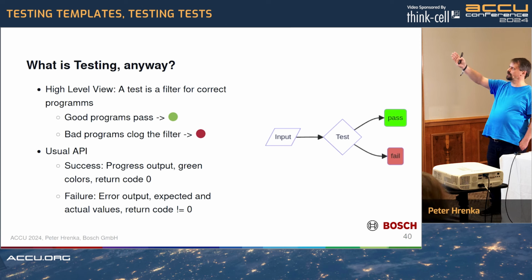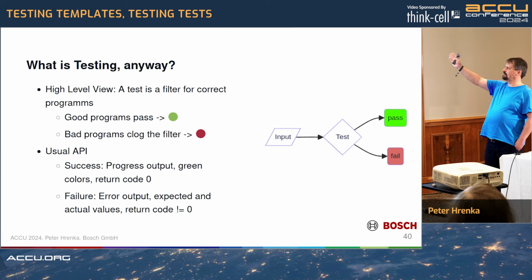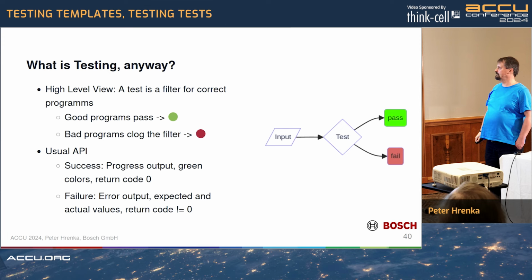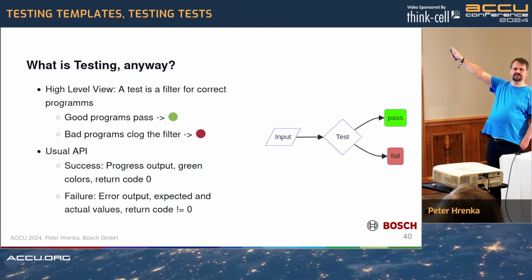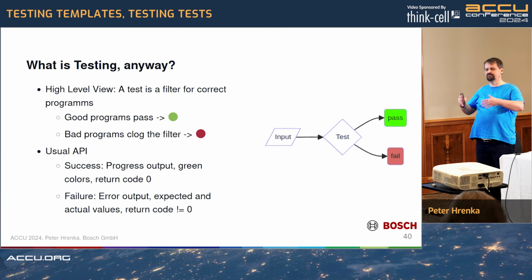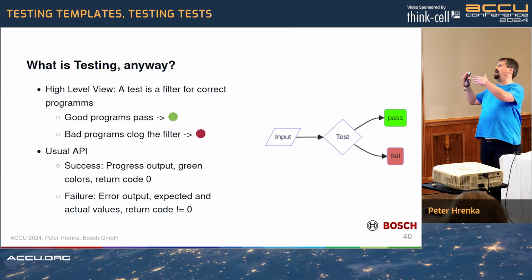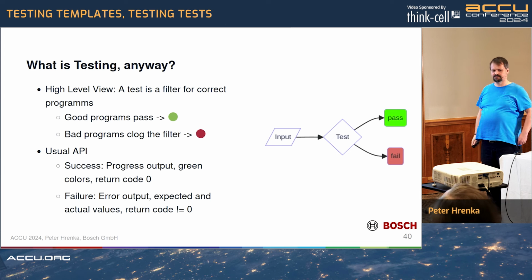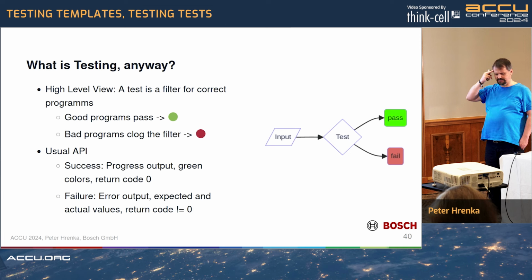A good program gives me a green light, a failing program gives me a red light. So that's basically the structure of our tests: we have input somehow in the fixture or in the equivalence classes, and then we get these lights.